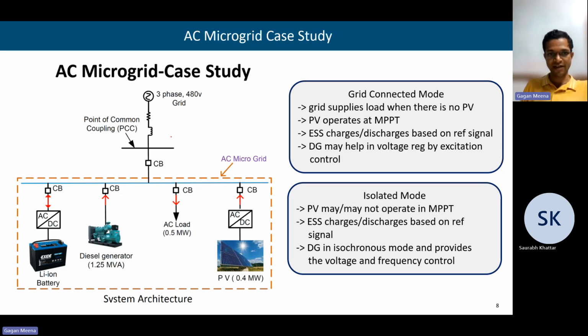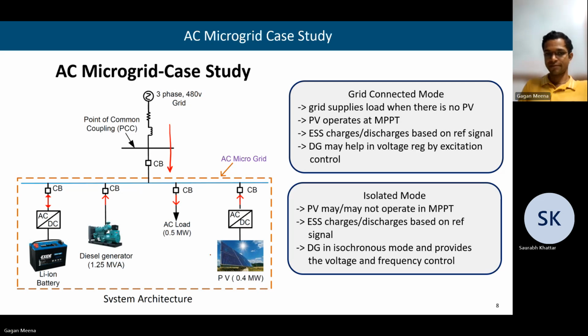In that case, the grid can supply the load. In this case, we will always want to get the maximum out of PV, because the grid is already there to feed the load.